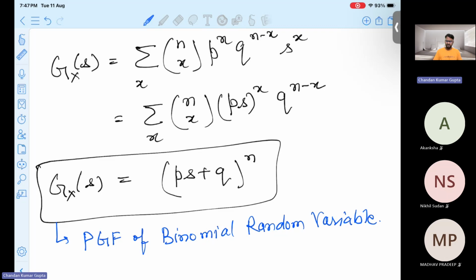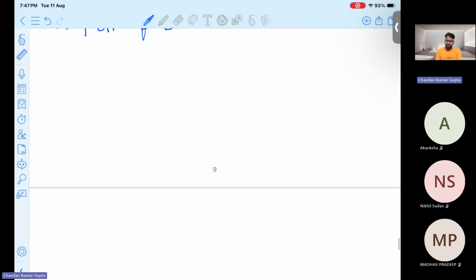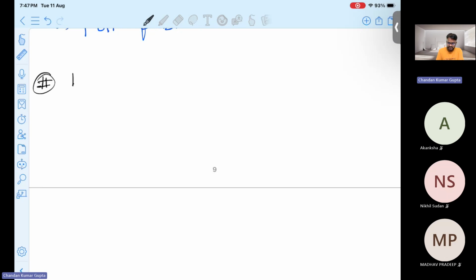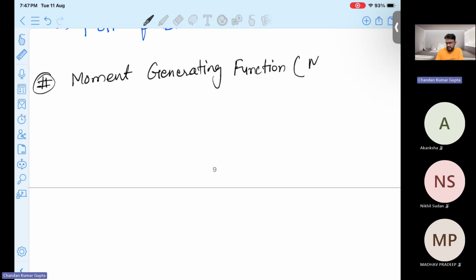The next, which is one of the most important, is the moment generating function, MGF.